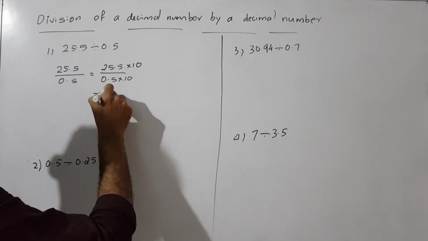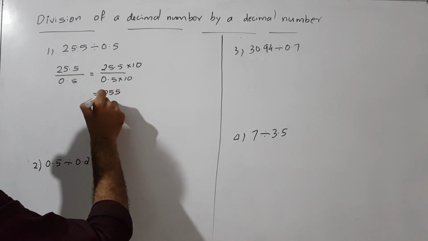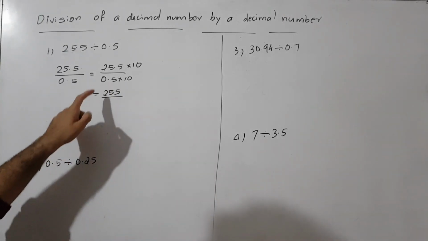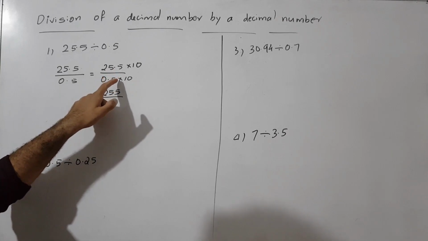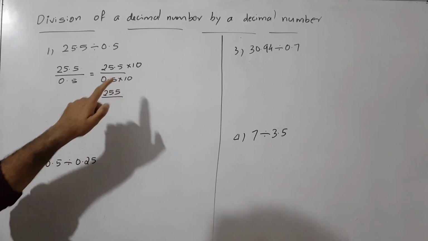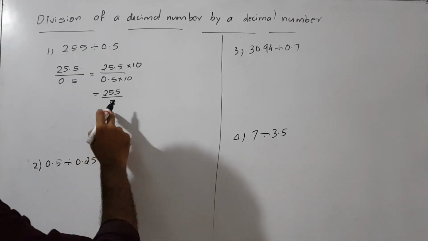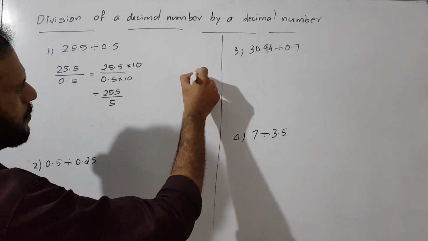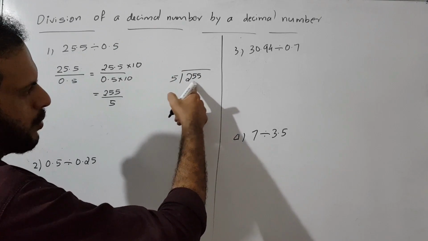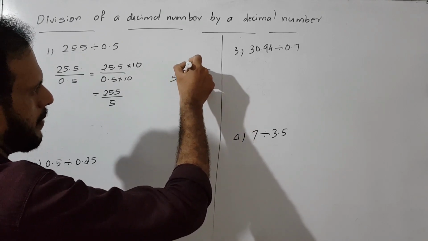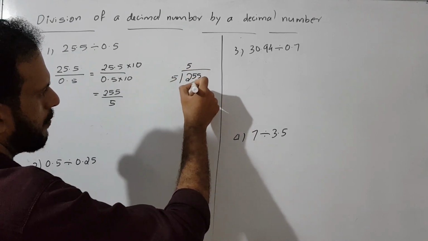Yes, 255. Here the decimal point moves one step back. Then what do you get? 05. 05 means 5. Next we divide the number 255 by 5. 25, how many times? 5 times. 5 into 5, 25.